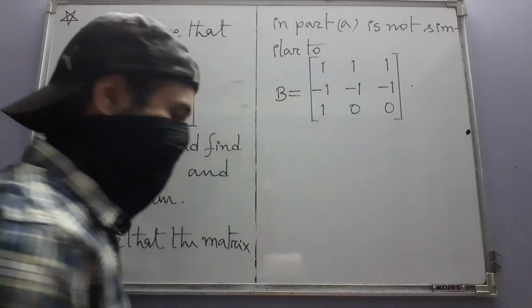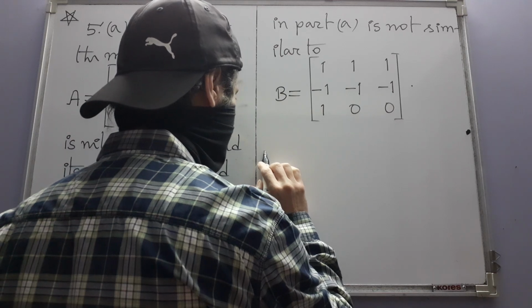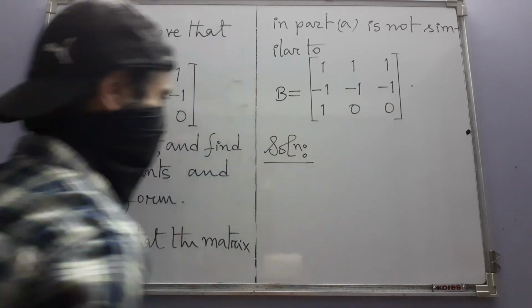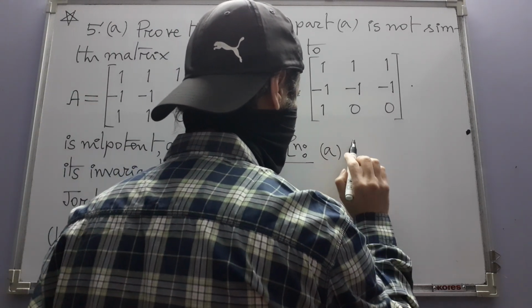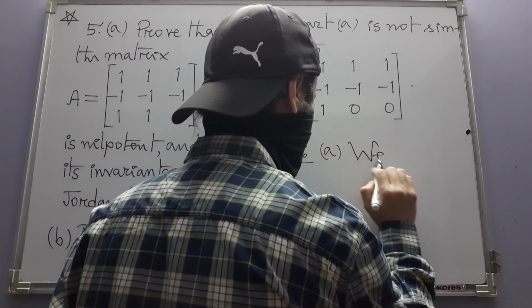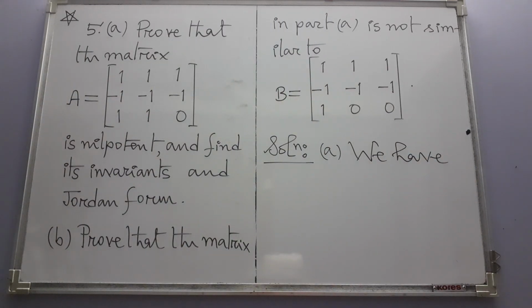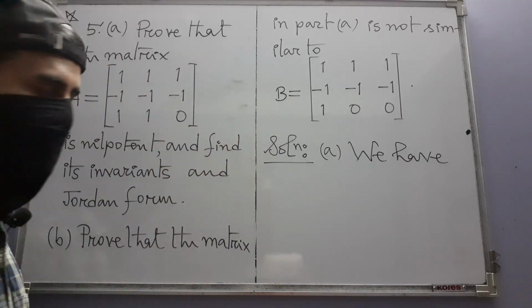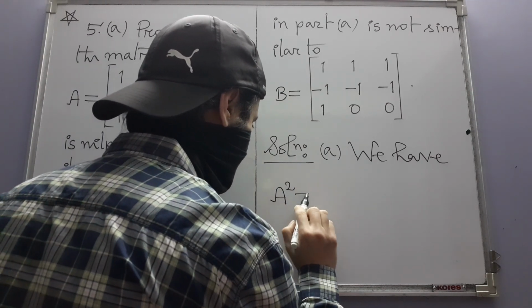So we have to now do some matrix multiplications. A itself of course is not 0. So let's calculate A square.